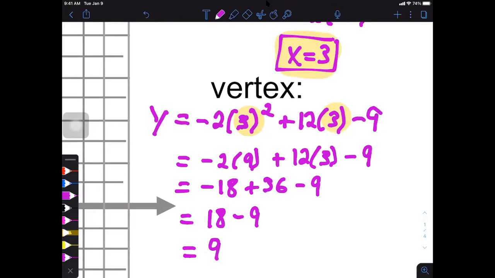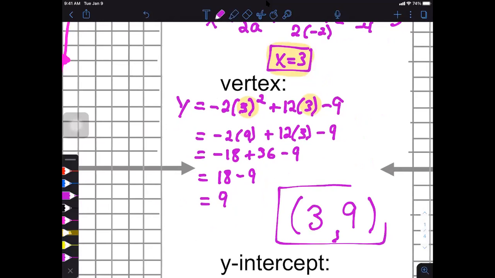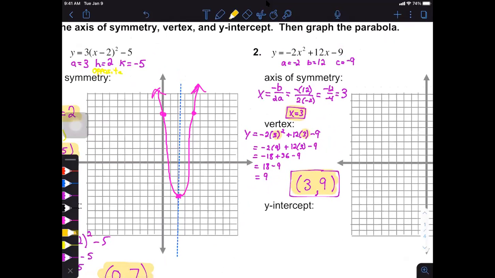So Jason, what's our final point for the vertex going to be? 3, 9. Yeah. So it's going to be 3, 9, and that's going to be your second point that we need. If you remember the formula, the y-intercept is easy for this one, and we haven't done it in a while.